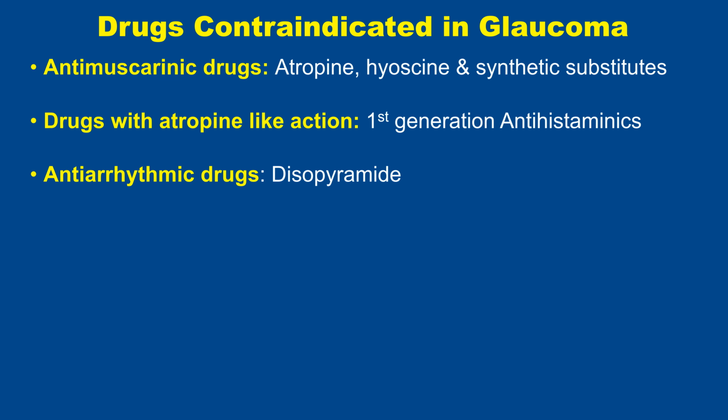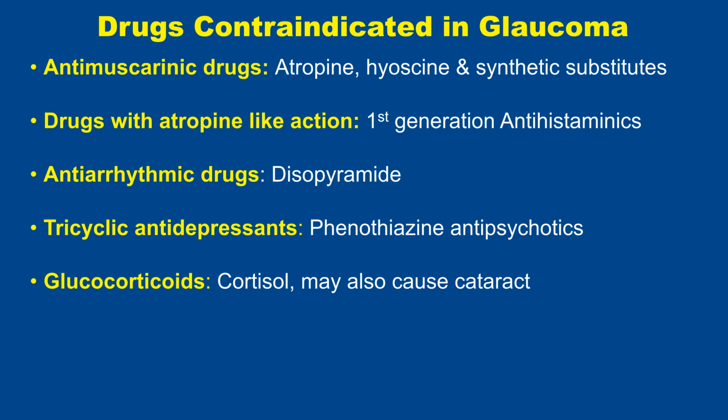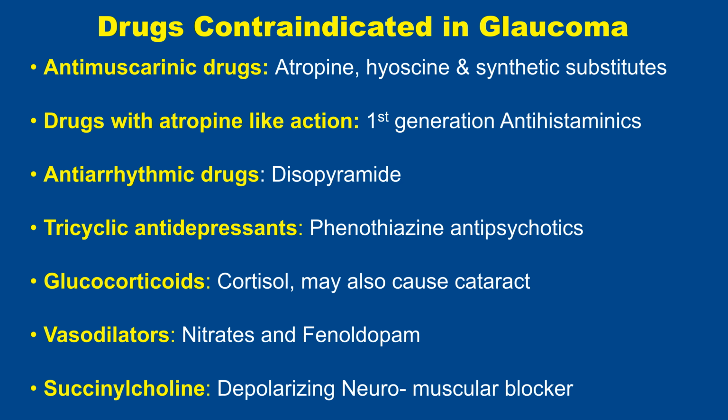Antiarrhythmic drugs like disopyramide, tricyclic antidepressants or TCA, antipsychotics, corticosteroids or glucocorticoids like cortisol, which may also cause cataract. Different vasodilators like nitrates, benzodiazepam, and succinylcholine, being a depolarizing neuromuscular blocker. This list of drugs is strictly contraindicated in patients with glaucoma, or they can precipitate glaucoma.